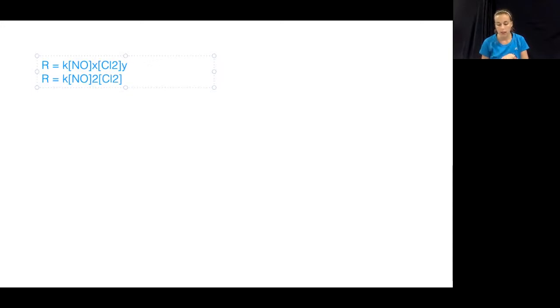So it looks like they are going to use trial 1. So let's plug in R, which is 0.019 molarity per second equals K times the concentration of NO, which is 0.50.